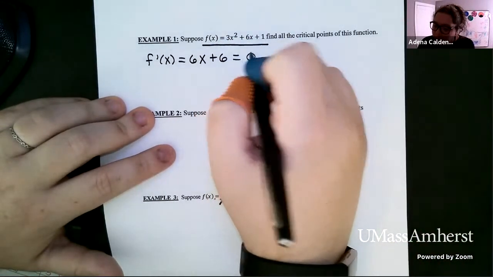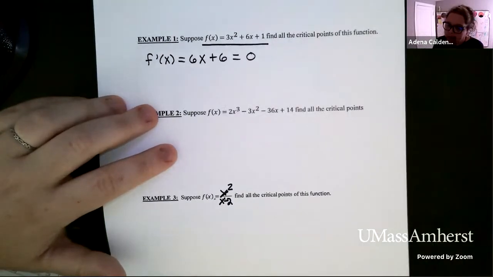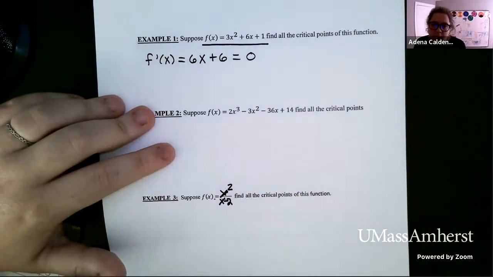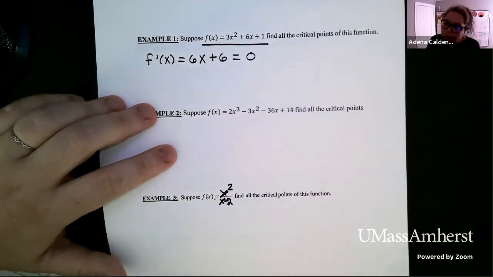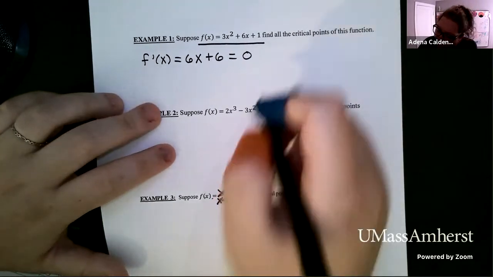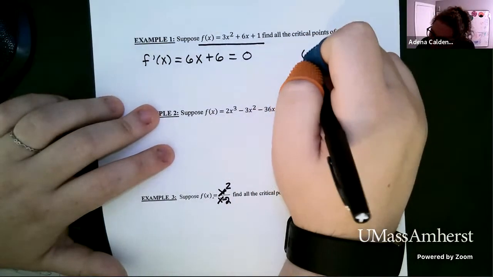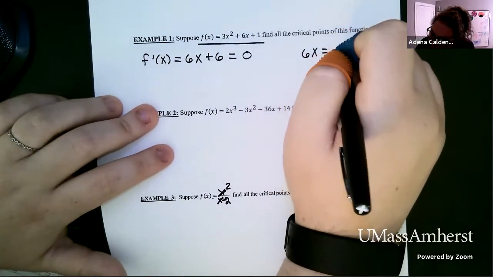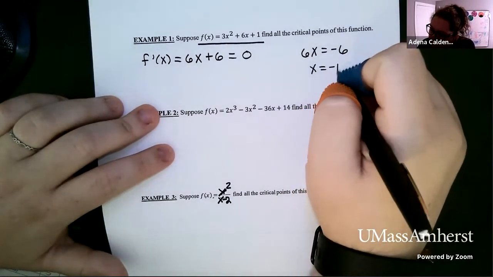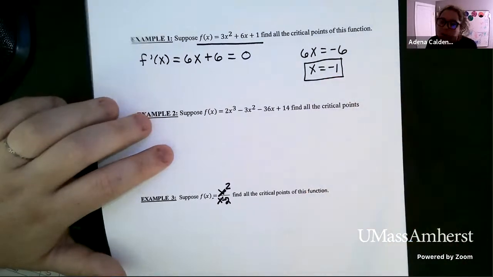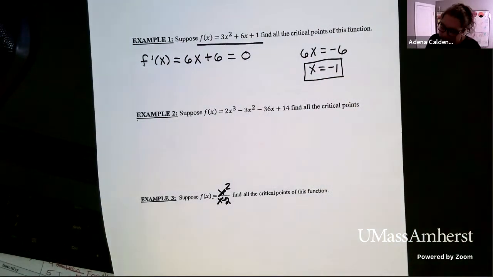We want to know when that equals 0. There's no denominator here or anything that would lead to something undefined, so I only have to check if it equals 0. I bring the 6 over, I get 6x equals -6, divide both sides, and here I have a critical point at x equals -1.